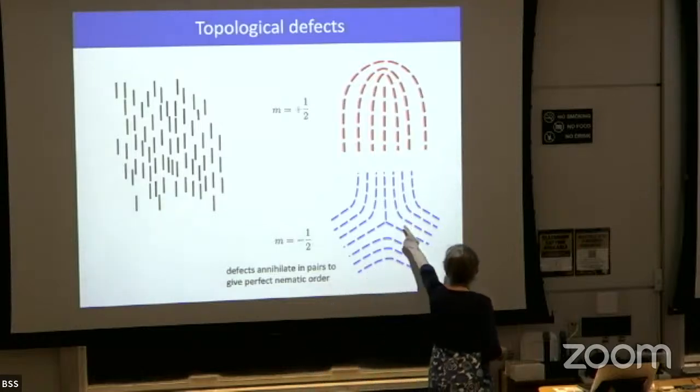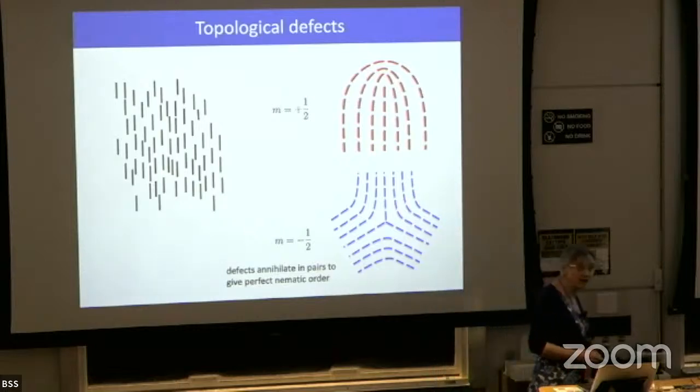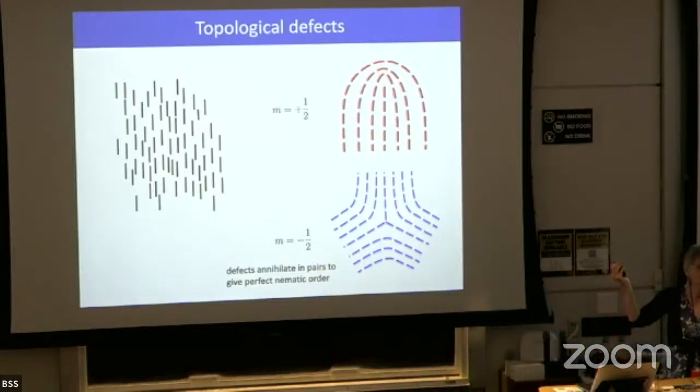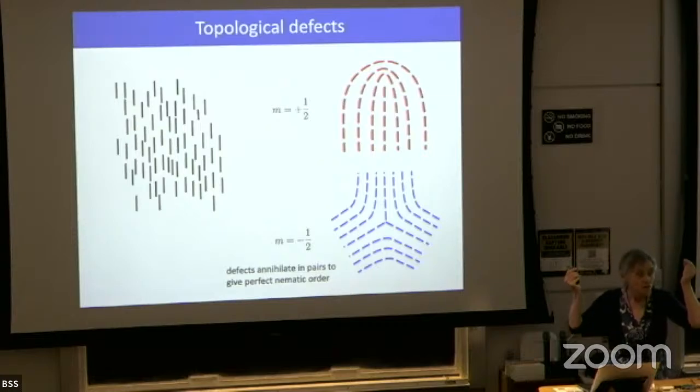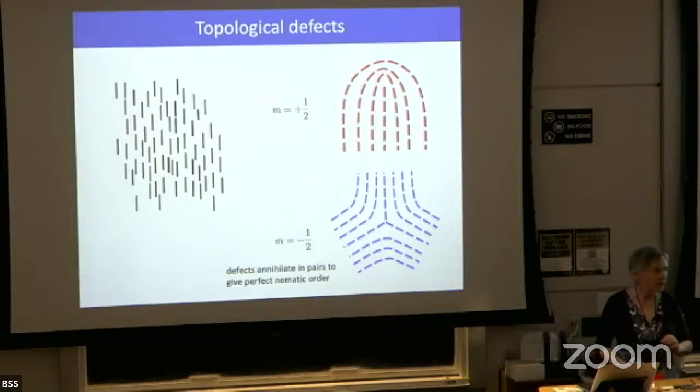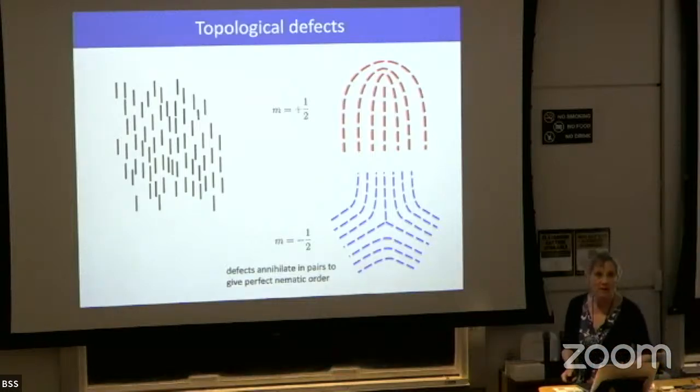You can, however, have them in pairs, plus or minus a half pairs. And what they will do in a passive system is gradually, to lower their energy, they'll move slowly towards each other and annihilate, leaving you back with a perfect nematic crystal. And that's a good thing because these things are what you have in a laptop.